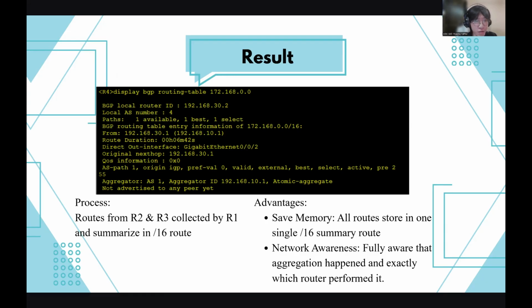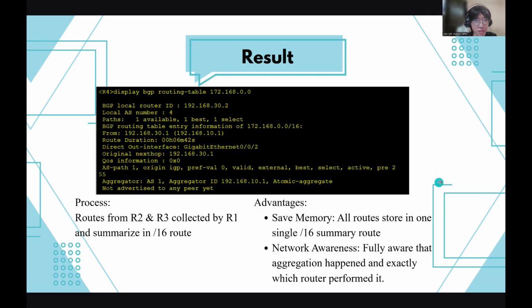So next to it, we will see the aggregator ID, which is from AS1 and the router 1 specific IP address. So this is just an ID to let us know who is dropping the history.